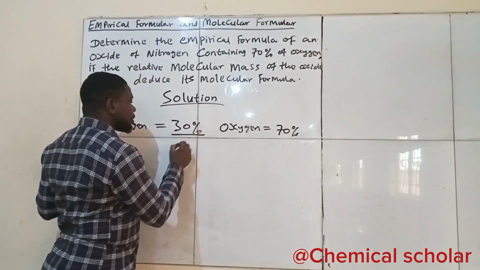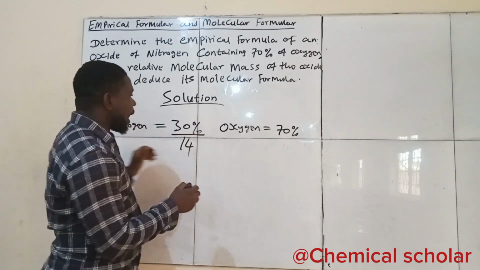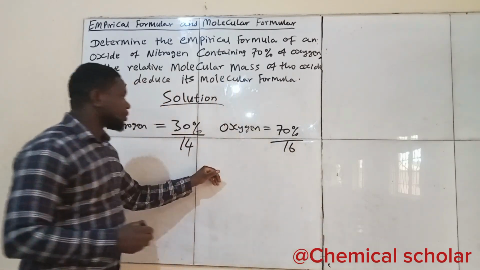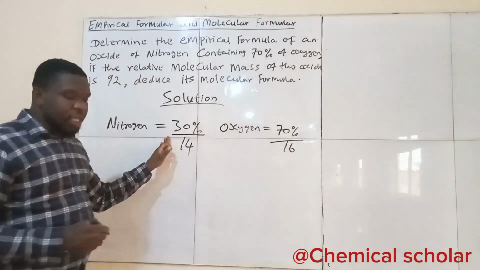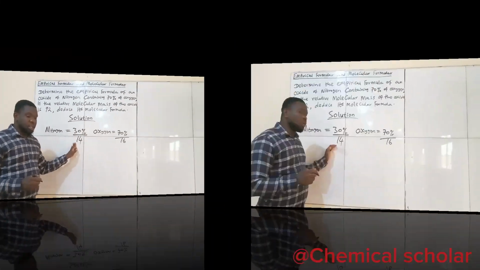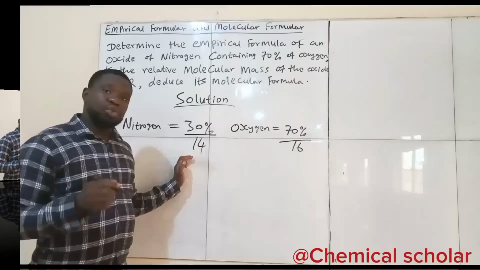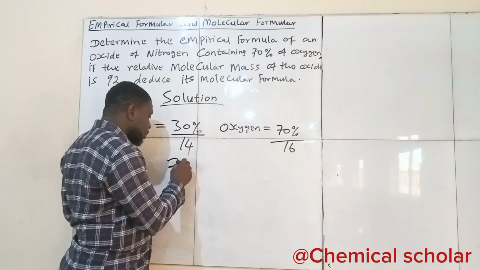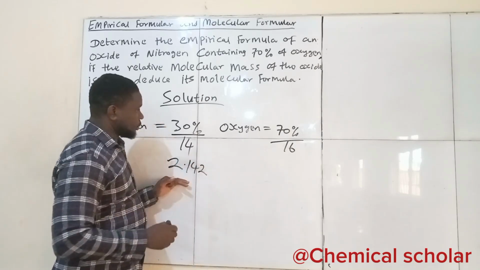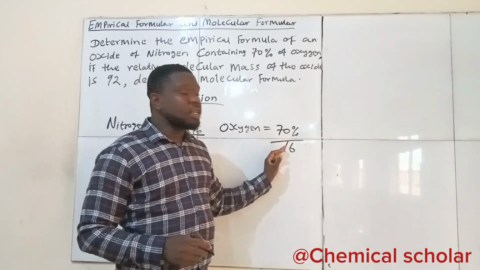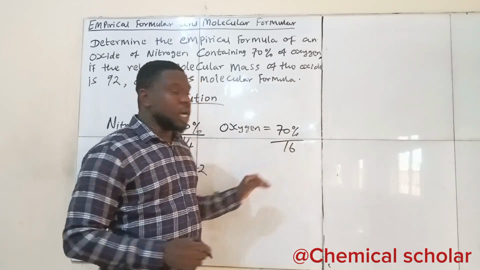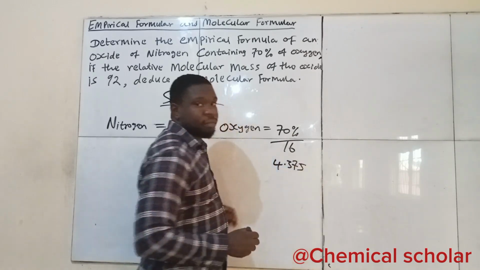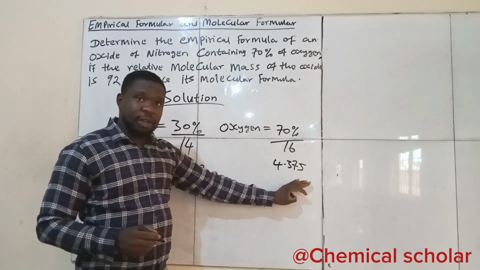So we divide this by 14 and we divide this by 16. 30 divided by 14 will give us 2.142, and 70 divided by 16 will give us 4.375.